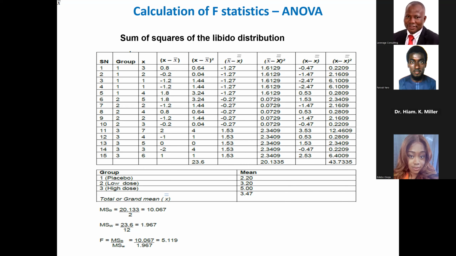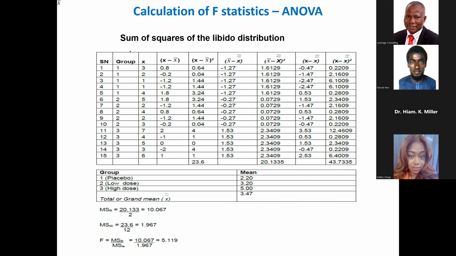Now, the second, that is the sixth column now, has x bar minus double bar x. What does it mean? I already told you that you can calculate this one.